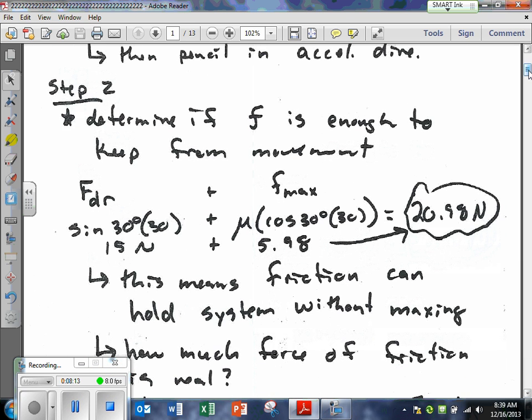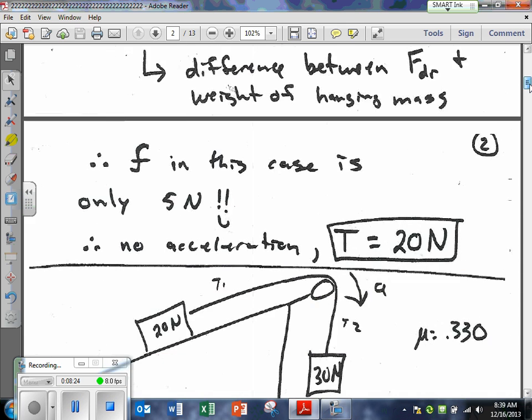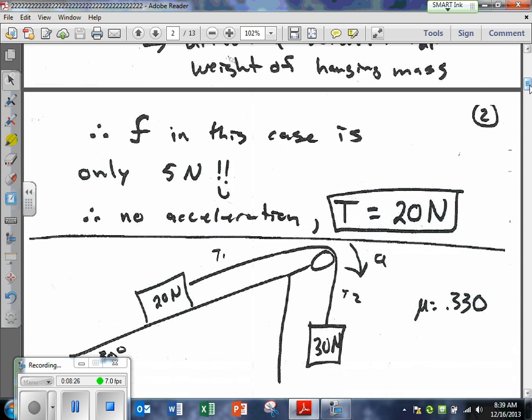Step 2: determine if friction is enough to keep it from moving. We did all these steps together, but they are printed out for you. They will be on the Moodle site. And I guess I never did solve for tension, but in the end, the tension would have been 20 by using either of the two formulas.